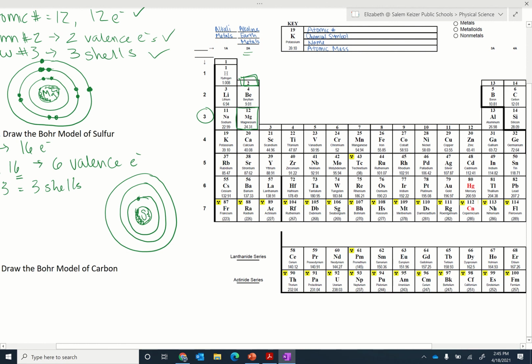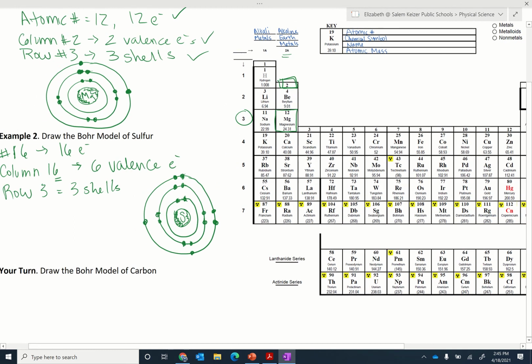But I have 2 in that first shell, and then 1, 2, 3, 4, 5, 6, 7, 8 in my second shell for a total of 10. And then I still have 6 more electrons I need to place: 1, 2, 3, 4, 5, and 6.